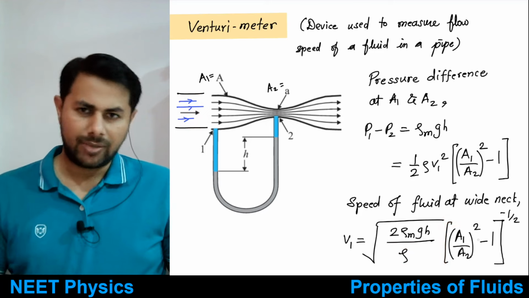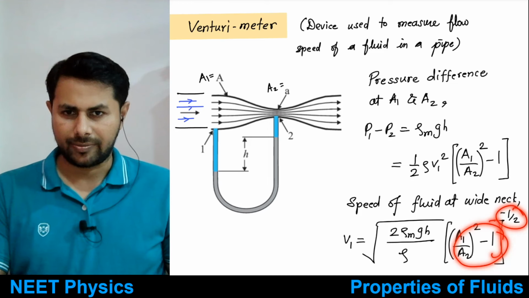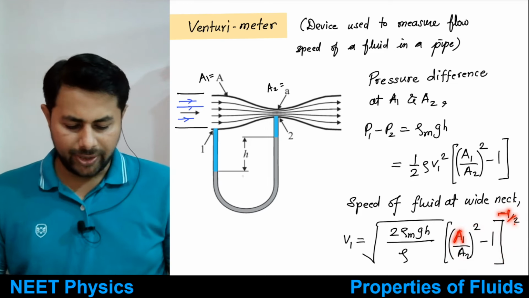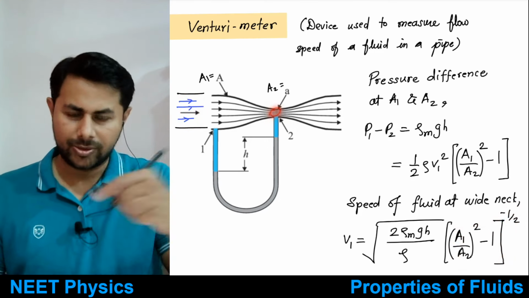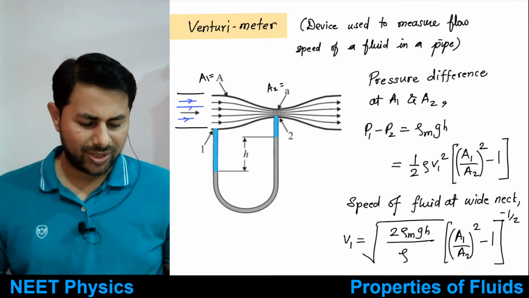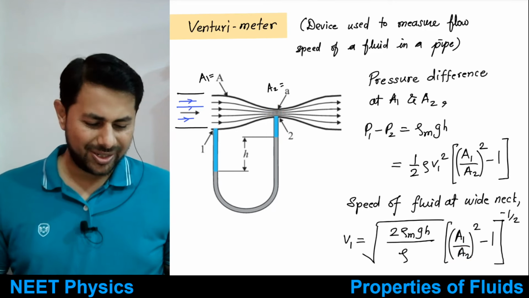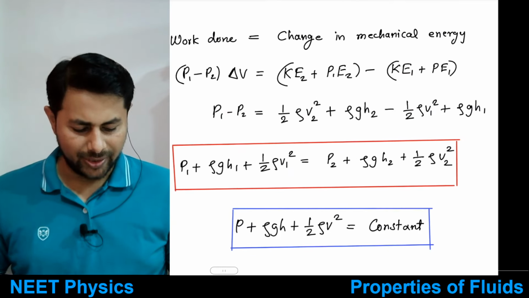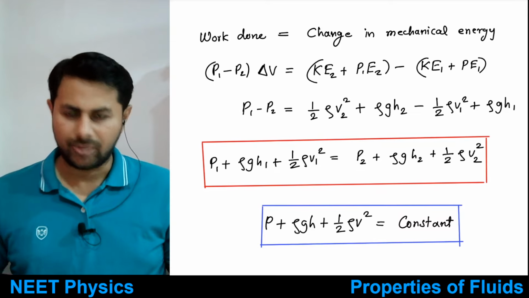What is A1? A1 is the area of this end, and A2 is the area of the smaller cross section of the Venturi meter. So the formula is quite complicated. Personally, I don't remember it, and without remembering it we can solve all of the problems based on the Venturi meter just by using Bernoulli's theorem, Bernoulli's principle.